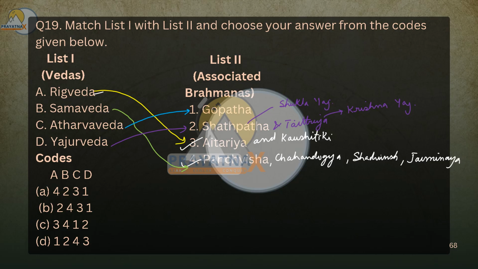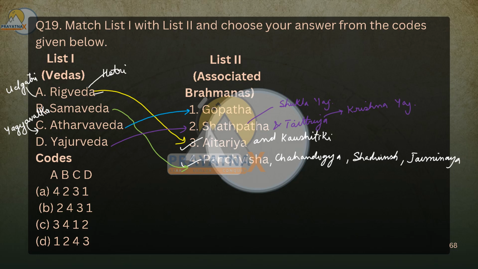Now the last thing to add here would be that the Brahmanas for Yajurveda were composed by Yajnavalkya priest, whereas for Rigveda it was Hotri, and for Samveda it was Udgatri.